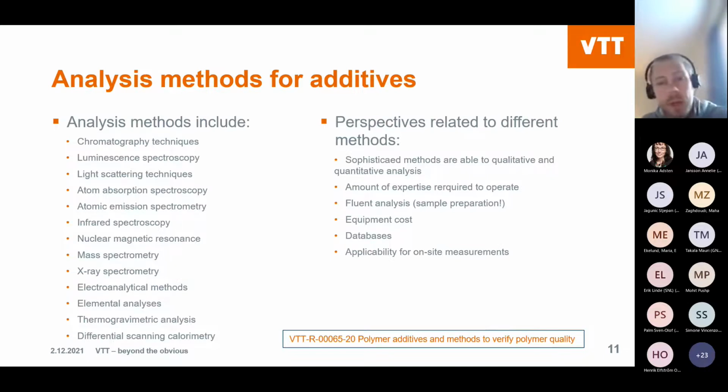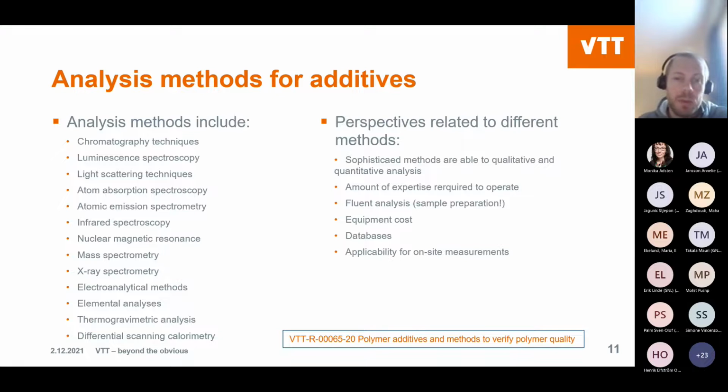Then the analysis should be fluent, so the sample preparation phase should be rather small. It shouldn't take too much time, especially when we think about doing analysis online. So the sample preparation phase should be simple enough.